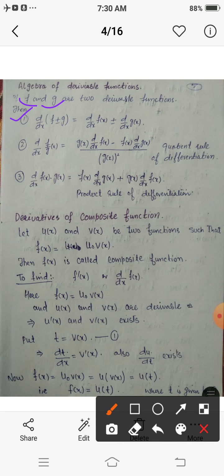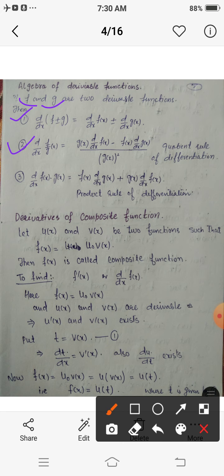The derivative of the sum or the difference function, that is d by dx of f plus minus g, is simply the sum or difference of the differentials, that is d by dx of f of x plus minus d by dx of g of x.